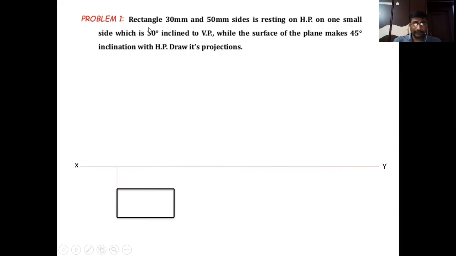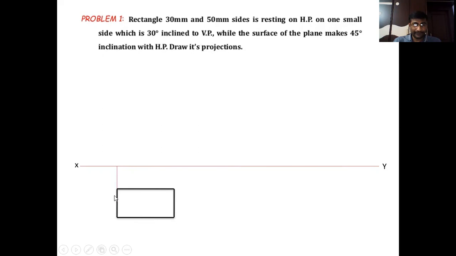Clear? So in the problem, one small side is 30 degrees inclined to VP. The small side must be on your left-hand side. On that perpendicular line, you must place that smaller side first of all. Based on that smaller side, you have to construct a rectangle with 30 mm and 50 mm.